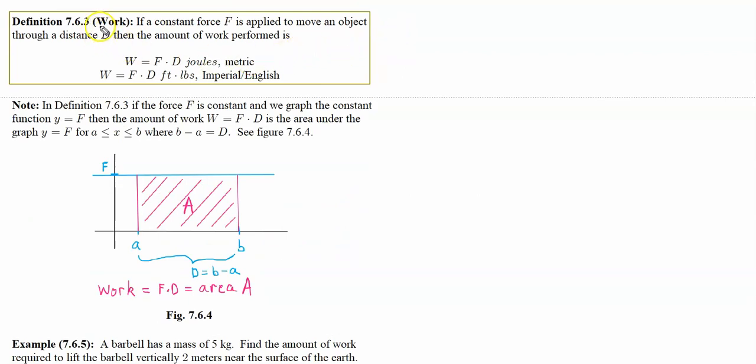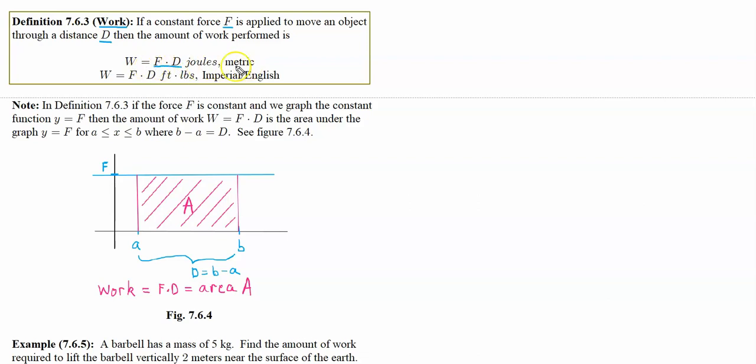Now here's our definition for work, which we've already seen previously. If you have a constant force F that is applied to move an object through a distance d, then the amount of work performed on that object is simply force times distance.